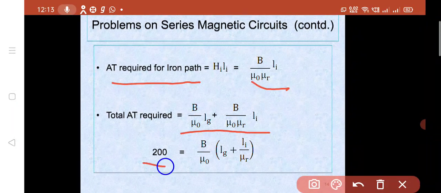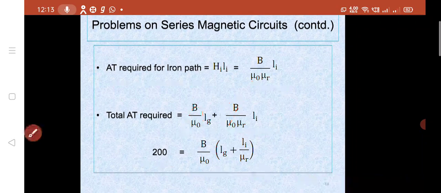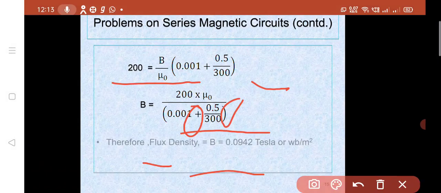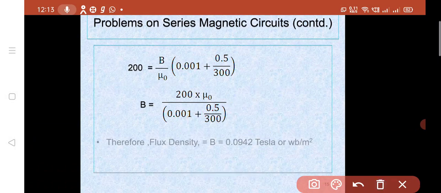So total ampere turns is equal to 200. B by mu naught is common, so we can take it common: Lg plus Li by mu r. Now substitute the values: 0.001 plus 0.5 by 300.